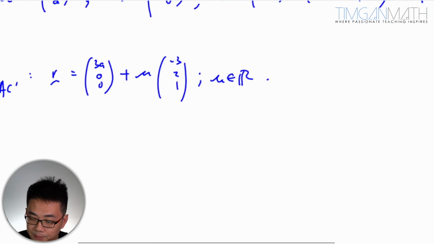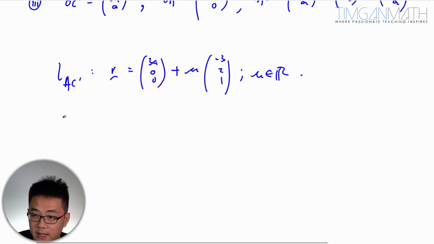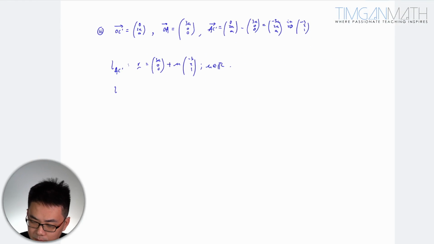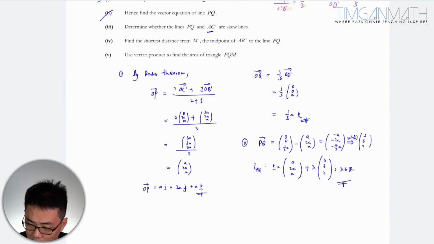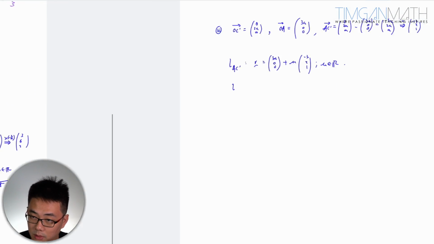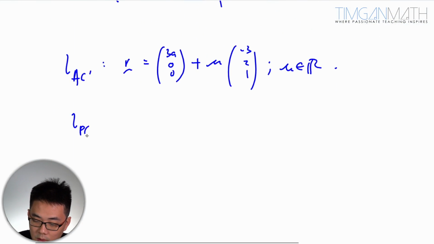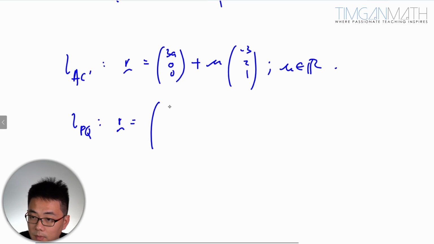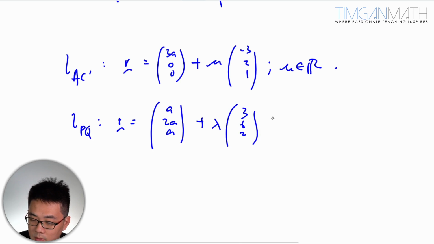Okay, so the question now is whether L AC prime and, what line was it, PQ, they are skew or not. Alright, so I'm going to write now PQ: r equals to A, 2A and A plus lambda times 3, 6, 2.